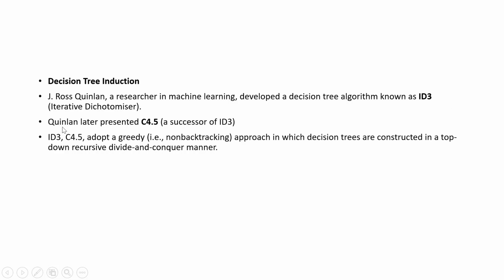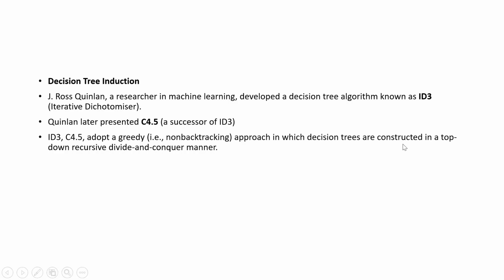Later, Quinlan himself came up with another algorithm called C4.5, which is a successor of ID3. Both of them use a greedy approach, that is, it does not have backtracking. At the current point in time, what is the best attribute which can be used for classification? That is the approach used by ID3 and C4.5.